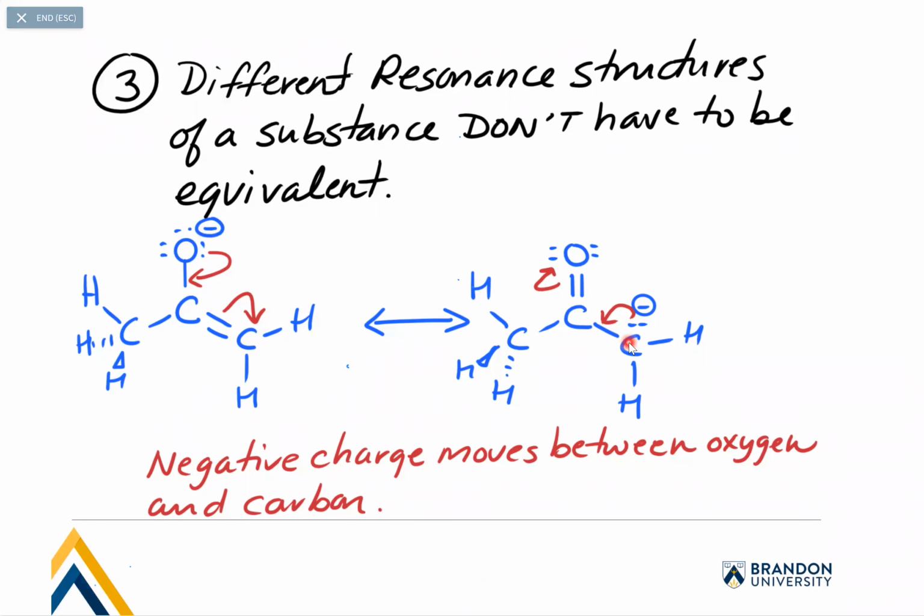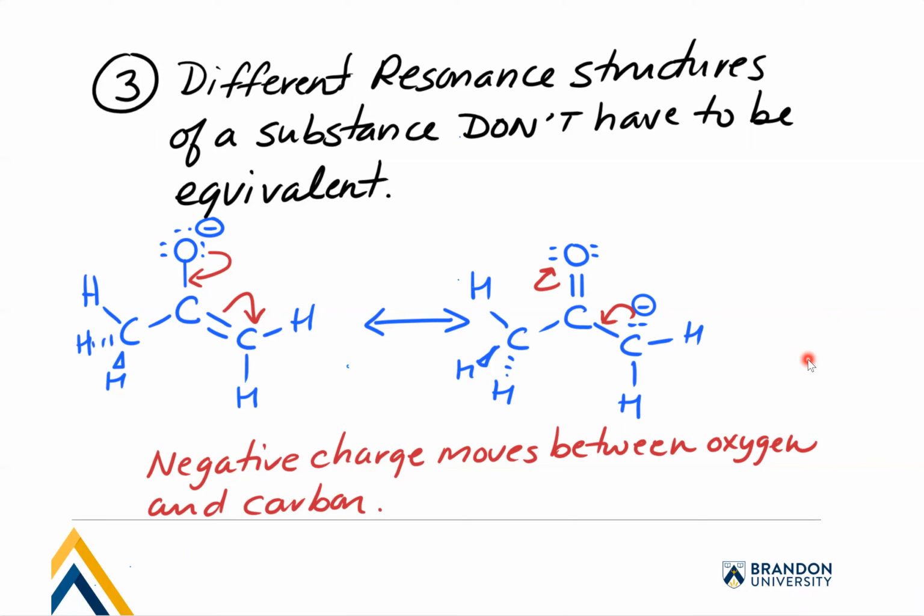Now, actually, this is an excellent part where I could ask a question. Which of these two structures, the one on the left or the one on the right, do you think contributes more to the resonance hybrid? Because they don't need to contribute an equal amount.